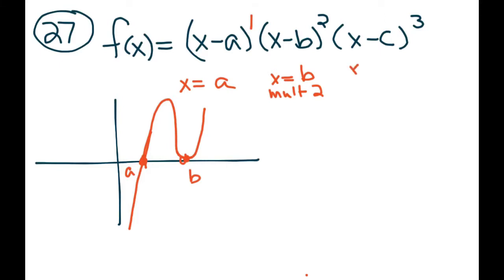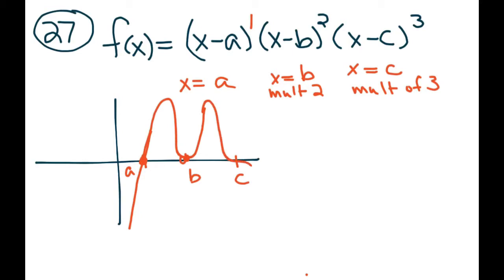And the other solution is that x equals c, but it has a multiplicity of 3, which means it has a cubic shape at that root. And I probably didn't do a very good job of drawing this picture, but I wanted to give you sort of just a basis for what it looks like.